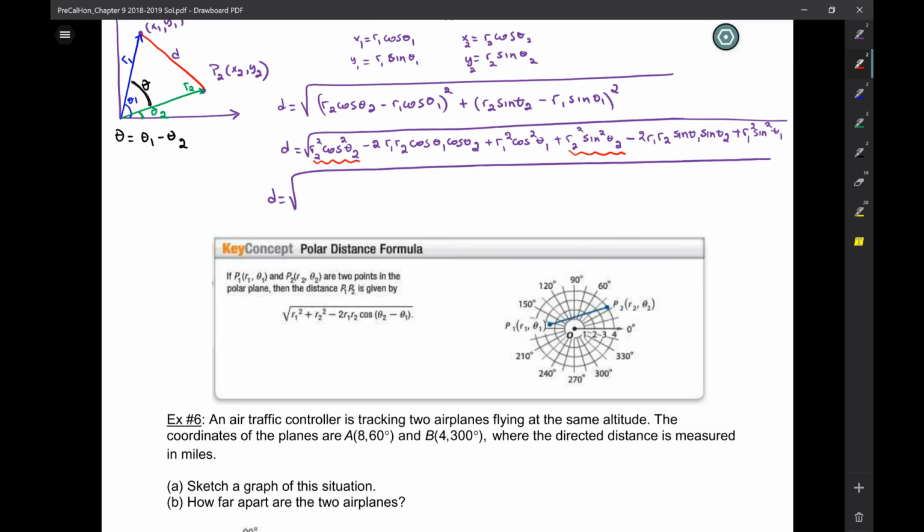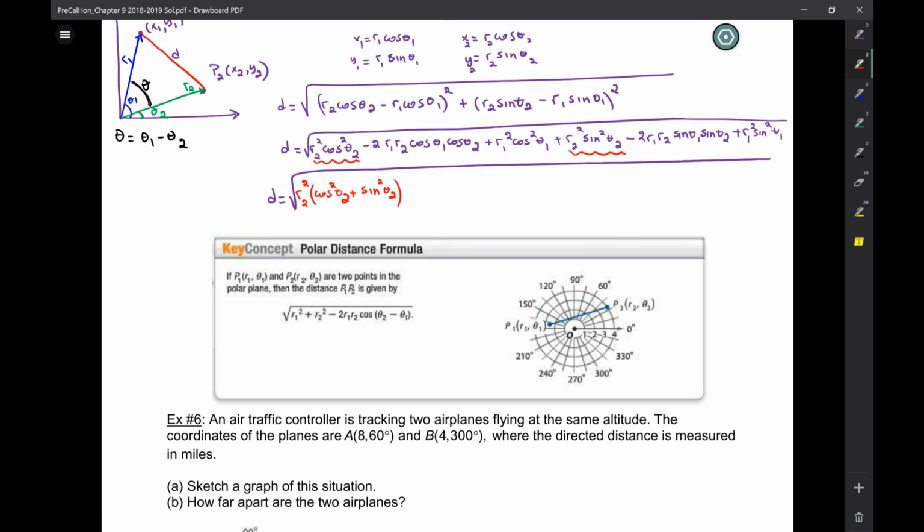Can I just factor out the R2 squared in one step? So I'm going to do R2 squared, cosine squared theta 2 plus sine squared theta 2. You see what I did? I pulled out the R2 squared.